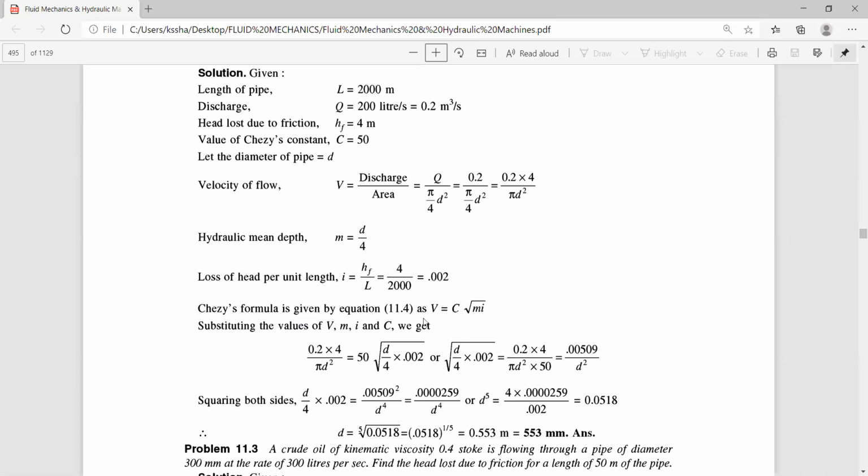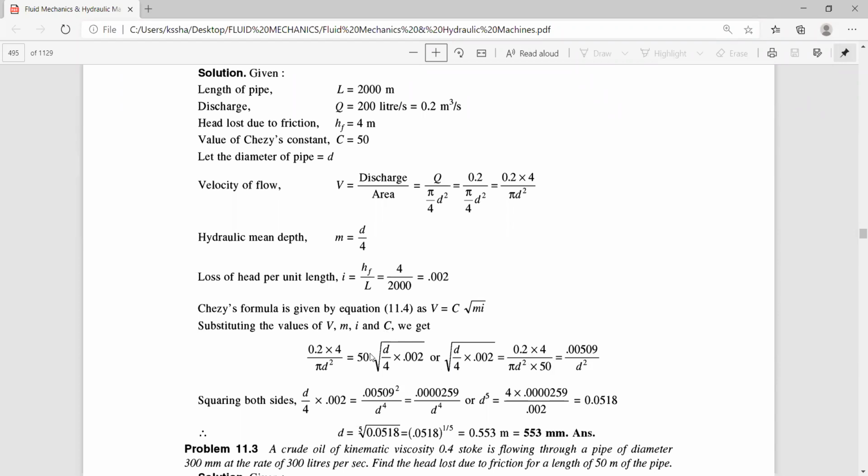Now, this is given by the Chezy equation, capital V is equal to capital C into under root of m i. Substituting the values of V, m, i and C, we get the velocity 0.2 into 4 divided by pi d square is equal to capital C, which is given in the problem itself, 50, into under root of hydraulic mean depth m, which is d by 4, into i, which is 0.002.